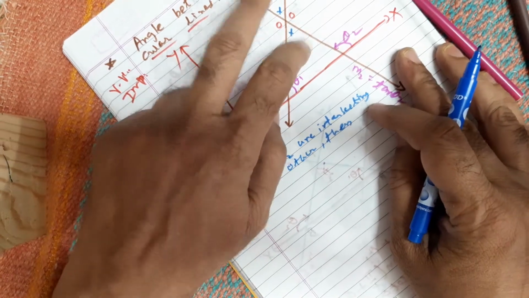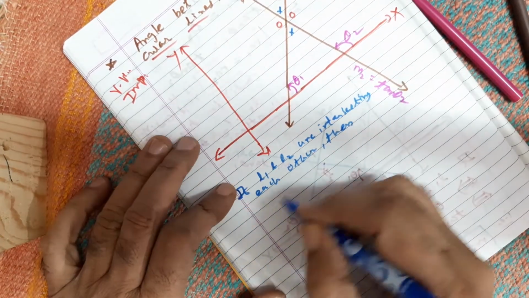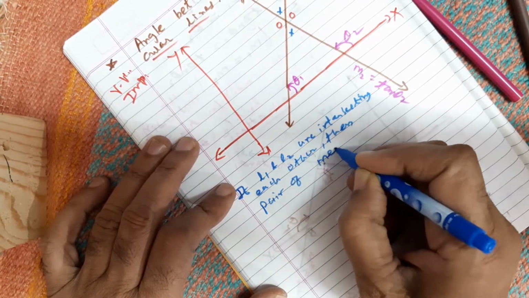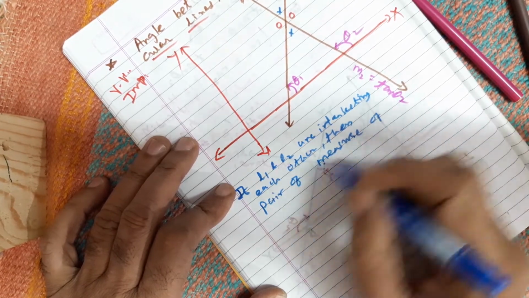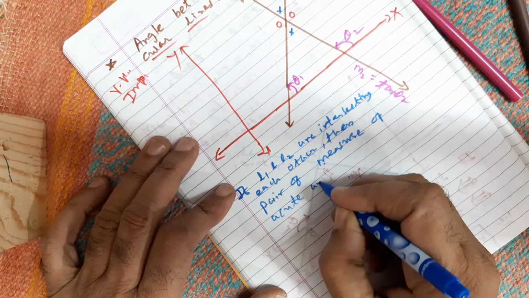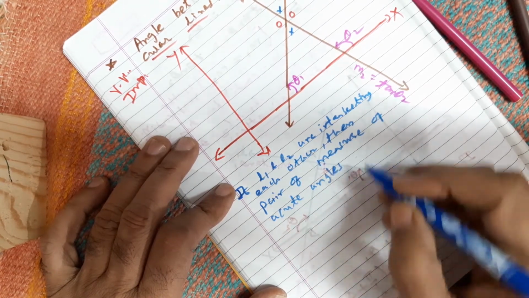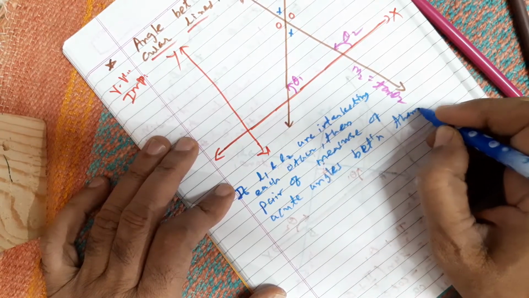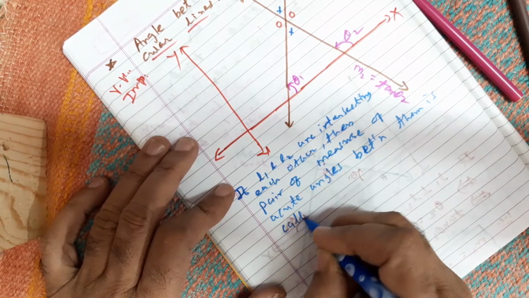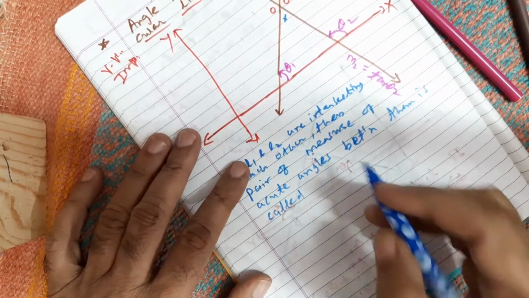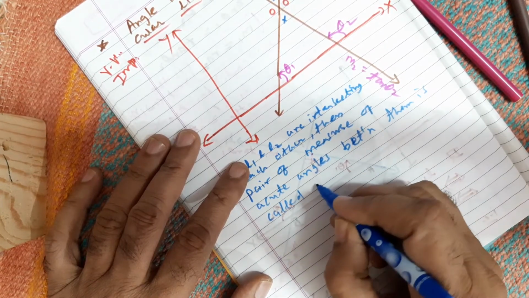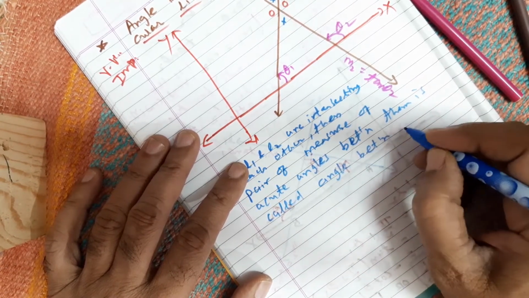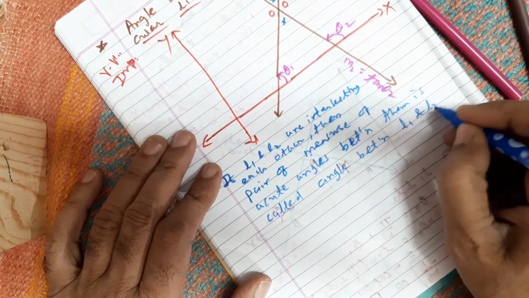In fact it's a pair of vertically opposite angles, so the pair of the measure of acute angle between them is called, or is said to be, the angle between the two lines L1 and L2.